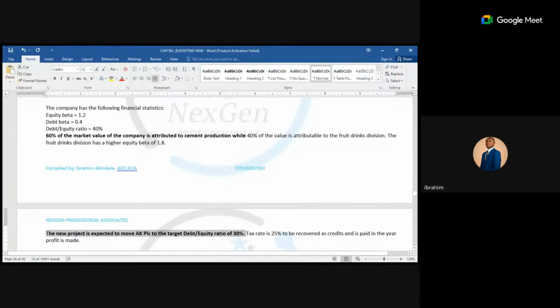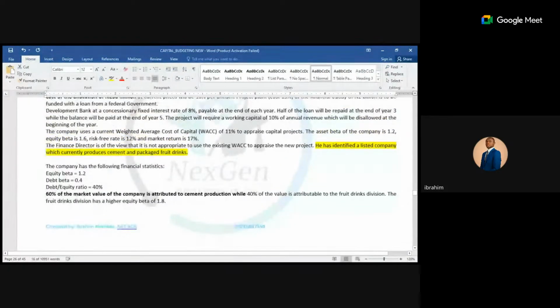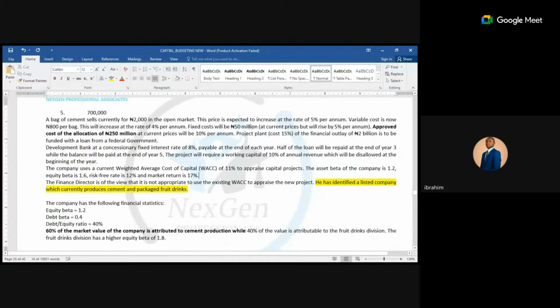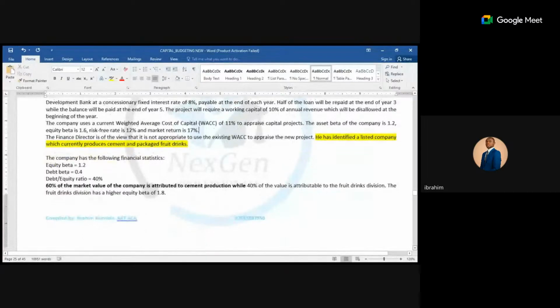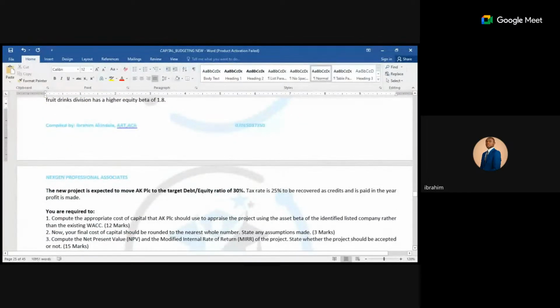Now, ideally, this particular paragraph is supposed to be stated before the deposit company, but you now start looking for where the level of gearing is. Where is the 30%?